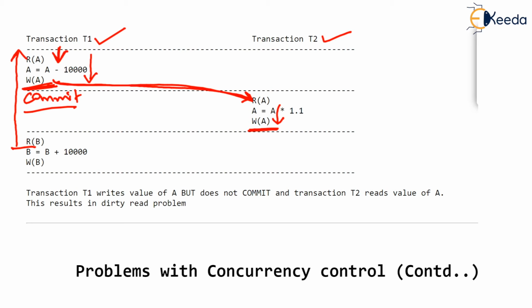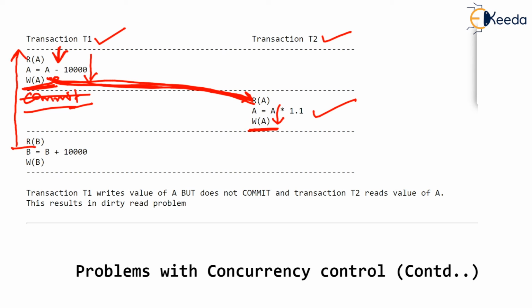Now you know that whatever you read after this write is surely correct, 100% sure, because your friend has submitted the paper, and you can trust your friend. But although there was no commit, before T1 committed, you had actually copied the value into your buffer. That's the dirty read I am talking about.